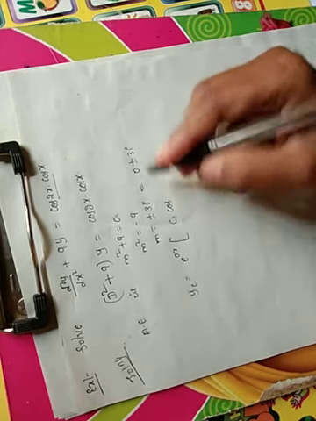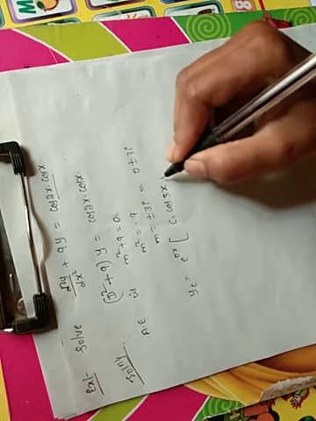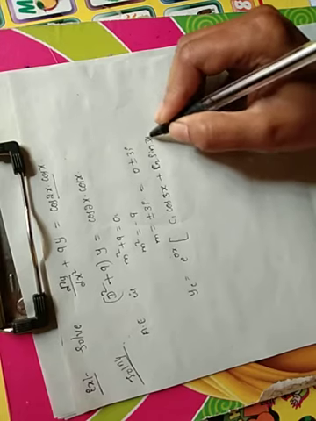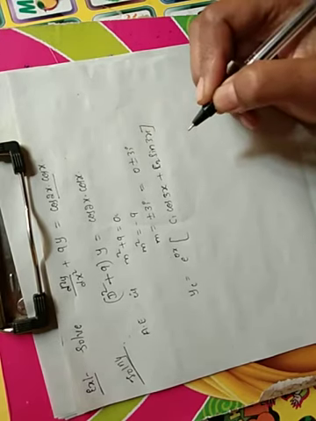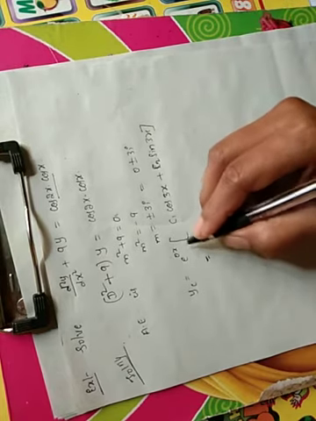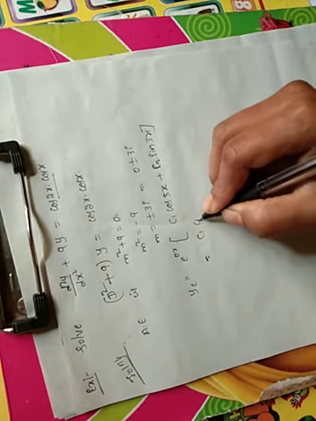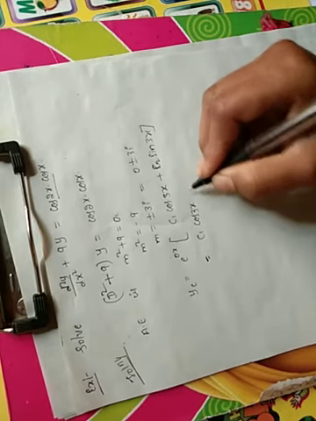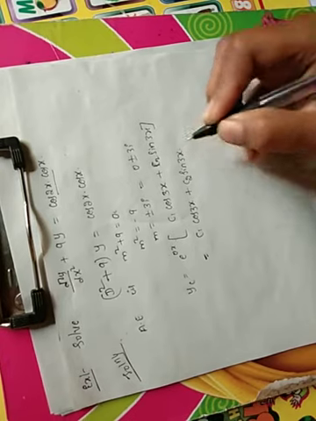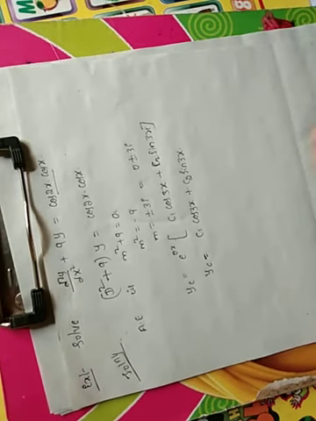Here the imaginary part is 3, so c1 cos 3x plus c2 sin 3x. That is equal to e raised to 0, which is always 1, times c1 cos 3x plus c2 sin 3x, which is our complementary function.